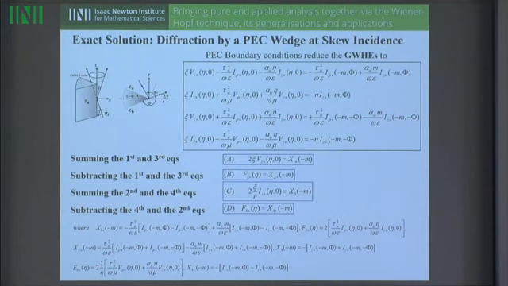So we have the equation for the general problem with an impenetrable wedge at skew incidence, but to check the procedure and the similarity with the Sommerfeld-Malyuzhinets technique, first of all, I present a simple problem, that is the perfect electric conducting wedge at skew incidence.